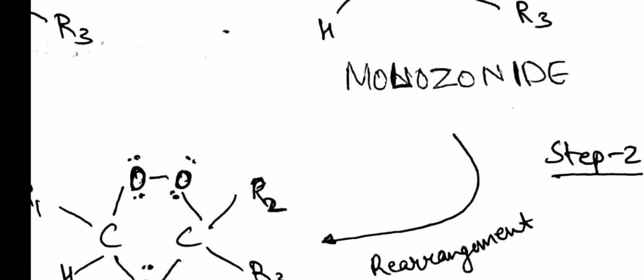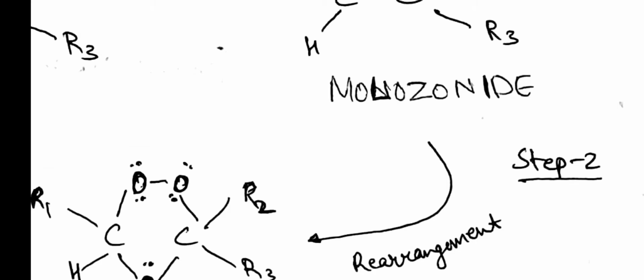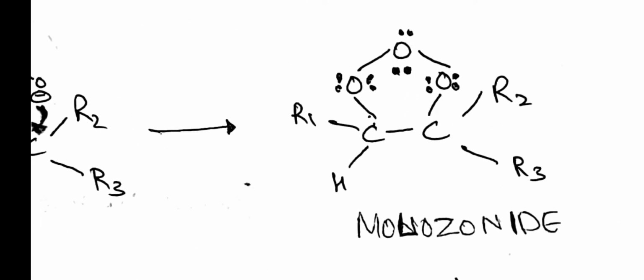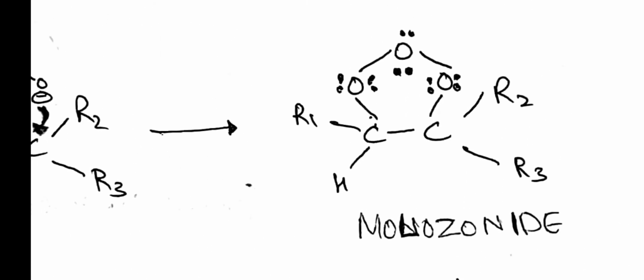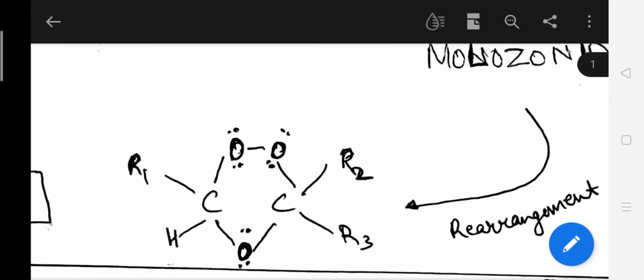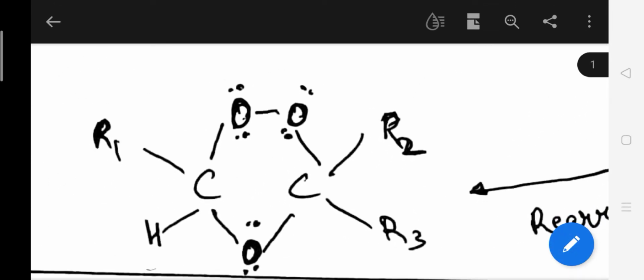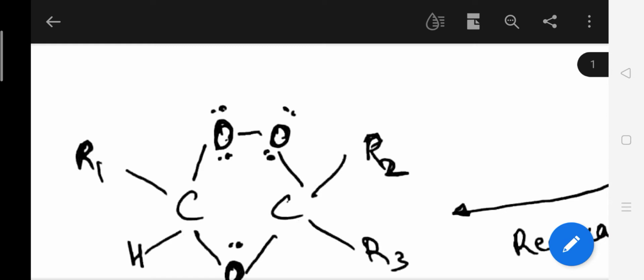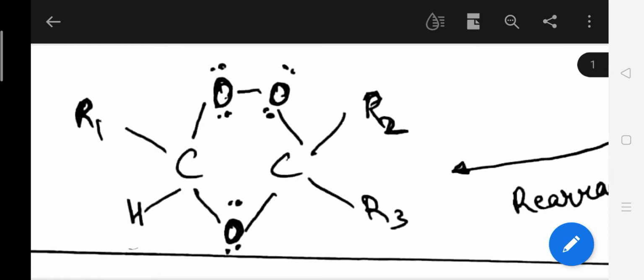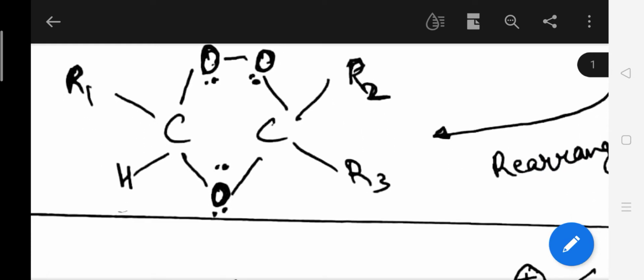Let me tell you the difference between them. Here, all the oxygen atoms are joined together, whereas in this, one oxygen atom from here actually joined on the opposite side.